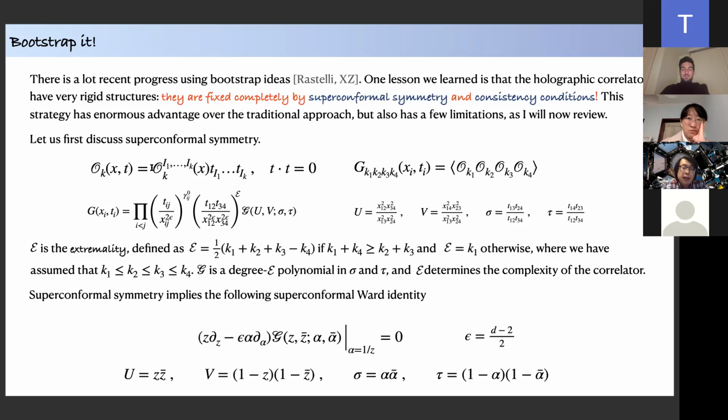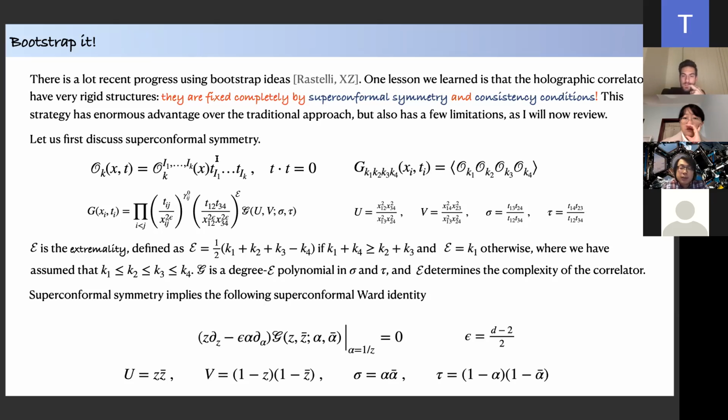We have these half BPS operators. They carry some indices, which are kind of annoying. There's a convenient way to make them disappear, which is to contract them with some null vectors. Null here means that t times t is 0. This requirement automatically projects the representation to the symmetric traceless representation.